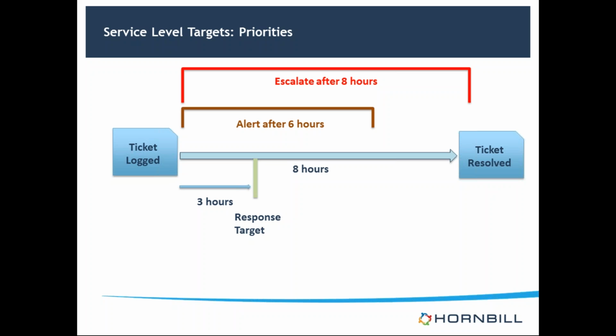Now, let's cast our mind back to the SLAs. So the SLA, as we said, is an agreement between ourselves and the customer which defines what's been provided and how it will be provided and all the metrics that are associated with it. Priorities are where we actually define those timings. So we have a fixed time target and a response time target that can be defined within our priorities.